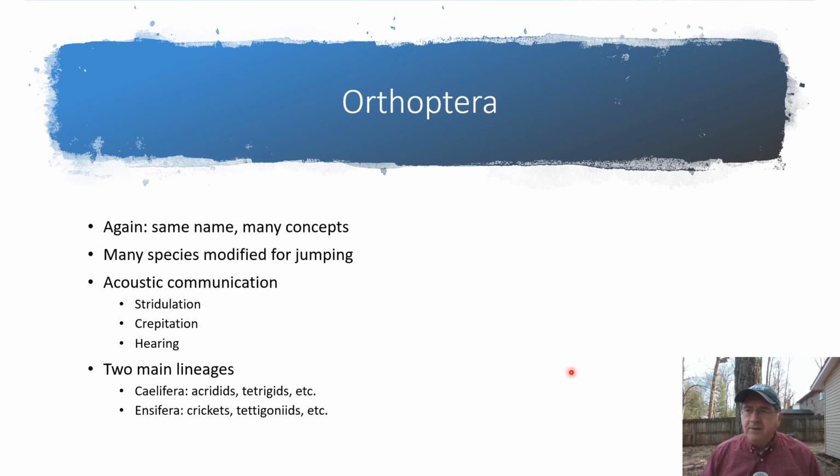Also other things like the tetragids, small groups, and some pretty bizarre groups in some cases. The other major group is called the Ensifera, which includes the crickets and the Pterygonoids, whose common name is the longhorn grasshoppers. There are many groups that go under the name of crickets. Some are in separate families, and even within the classic family of crickets, the Grillidae, there's some just awesome variation in body forms and colors of these animals.